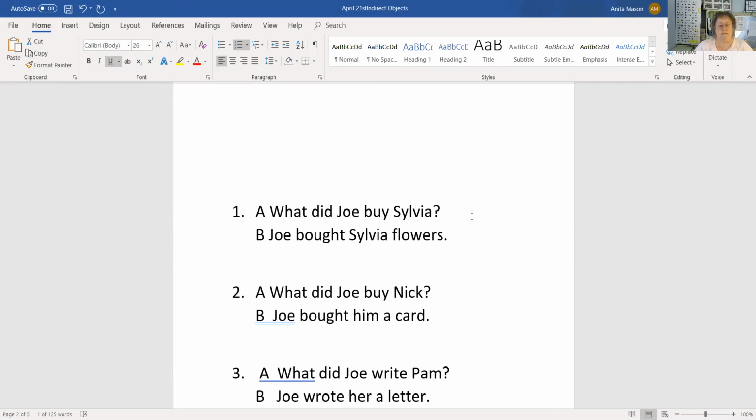Page 126. Exercise 2A. Track 32. 1. What did Joe buy Sylvia? Joe bought her flowers. 2. What did Joe buy Nick? Joe bought him a card. 3. What did Joe write Pam?